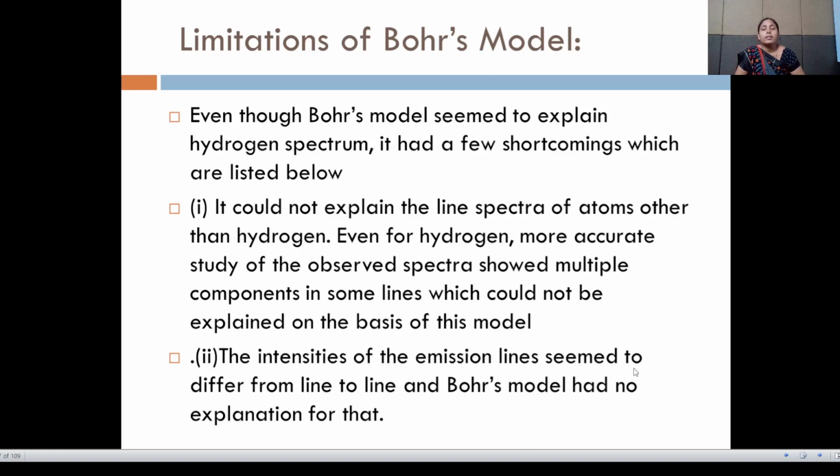The intensities of the emission lines seem to differ from line to line, and Bohr's model had no explanation for that. Even though Bohr's model seemed to explain the hydrogen spectrum, it had a few shortcomings. It could not explain the line spectra of atoms other than hydrogen.